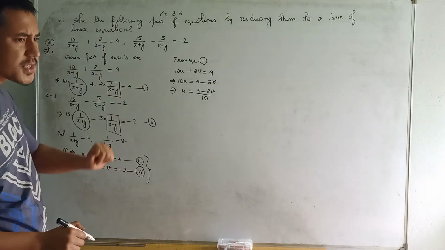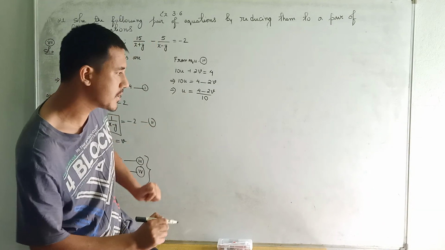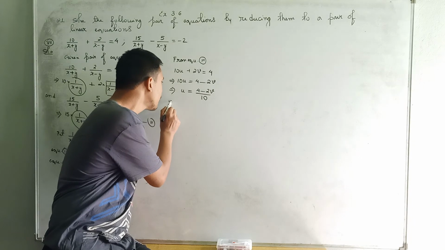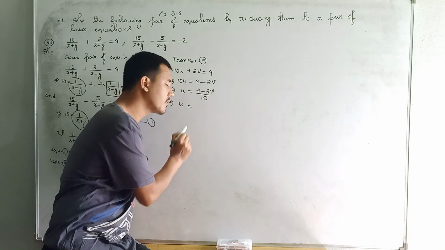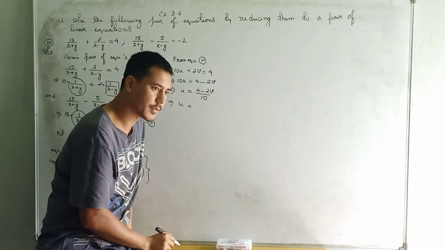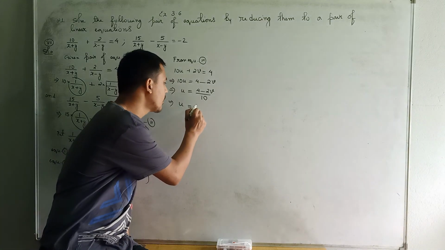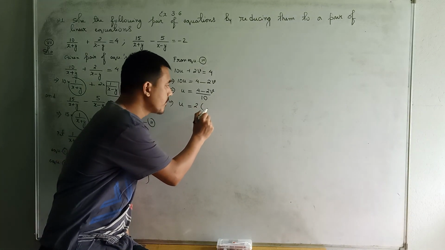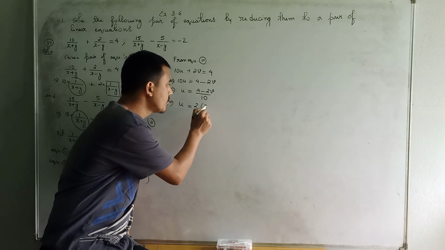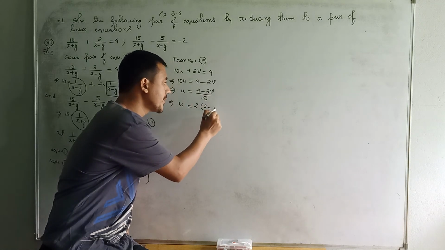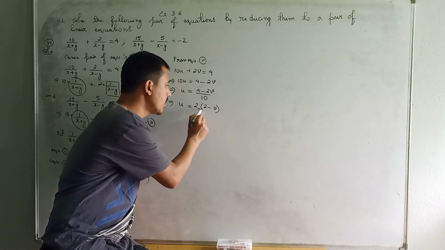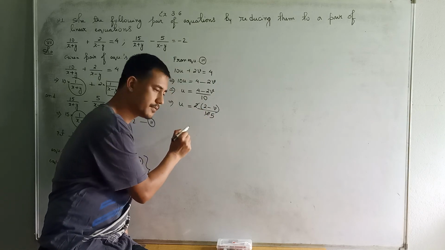I want to make it simpler. So what you can do is take common from the numerator. 2 is common from the numerator. Then we have 2 times 2 is 4, minus 2 times v is 2v, upon 10. 2 fives are 10.